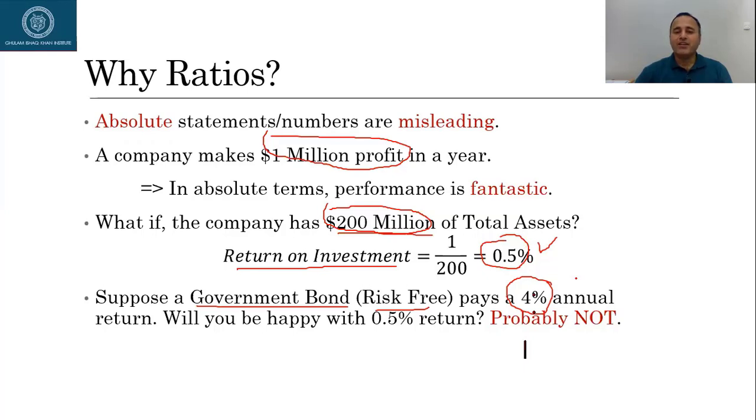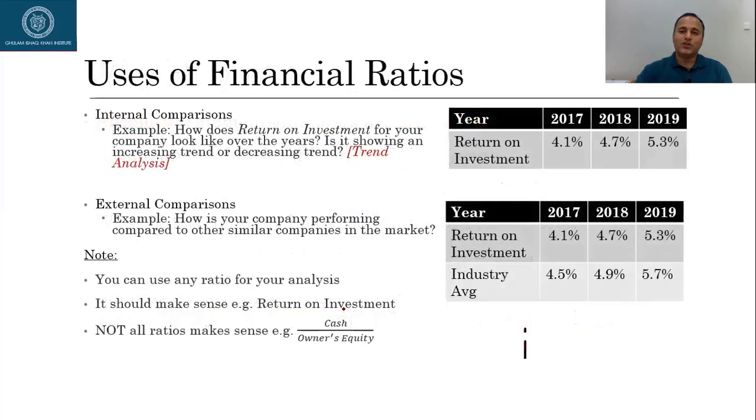On the other hand, you had another opportunity where you could make 4% return without taking any risk. So the whole point is that the calculation of ratios is extremely important. And as I said, even the financial numbers in absolute terms are misleading.